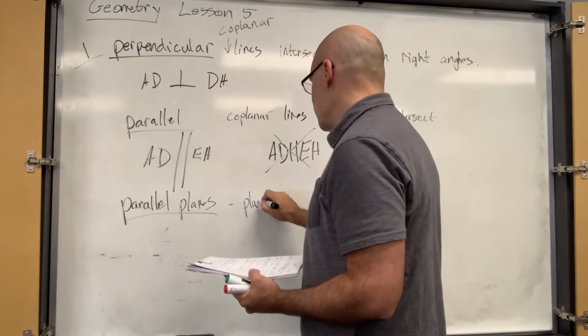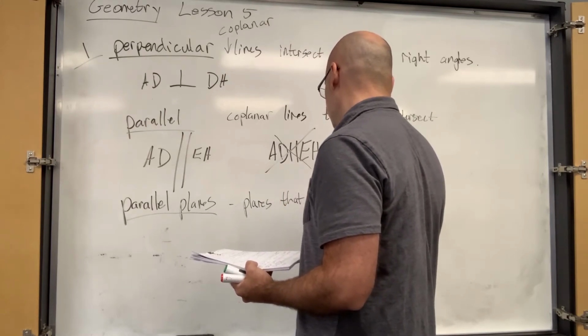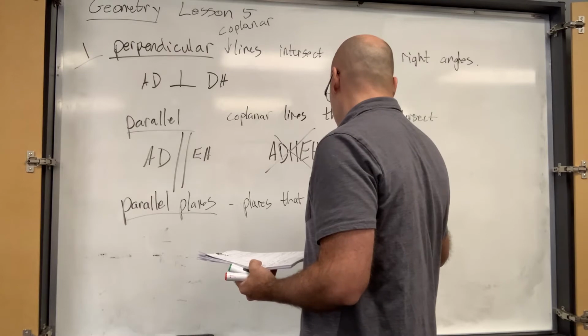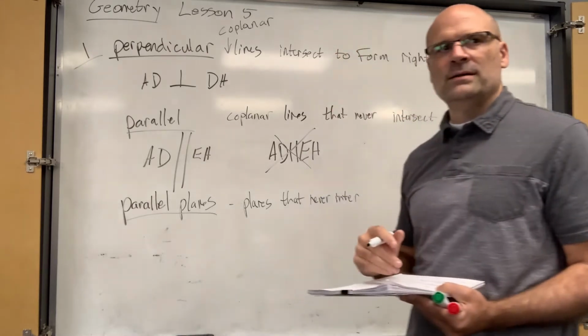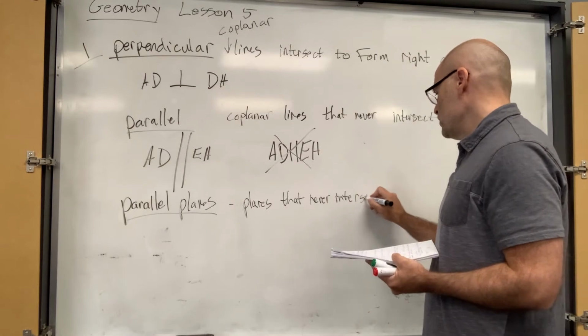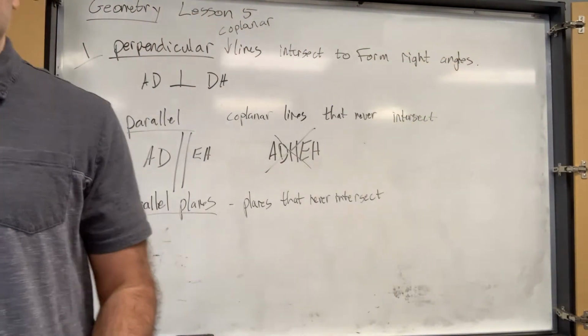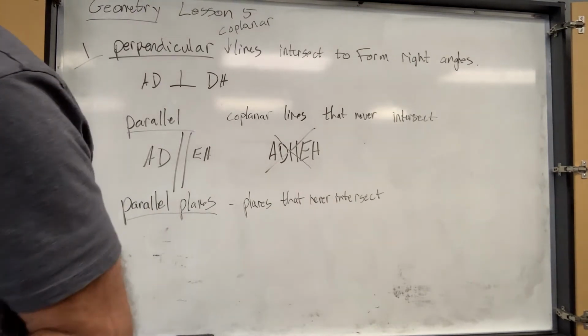So these are planes that never intersect. And you don't have to say co-anything on this. Co-spatial, well, everything's co-spatial. So you can just say planes that never intersect. Okay?